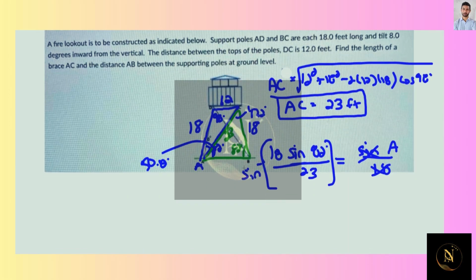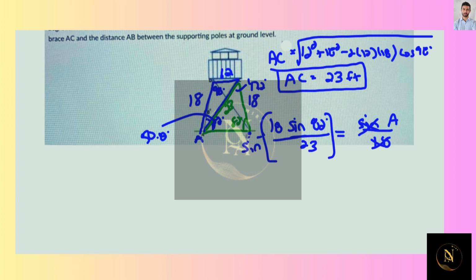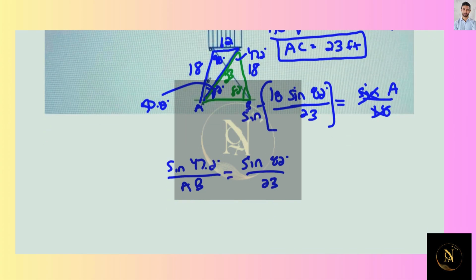So now we can find AB with the law of sines. We can say that the sine of 47.2 degrees over its opposite side, which is AB, would be in proportion to the sine of 82 degrees over its opposite side, 23. Cross multiply, and 23 sine 47.2 would be equal to AB times the sine of 82.